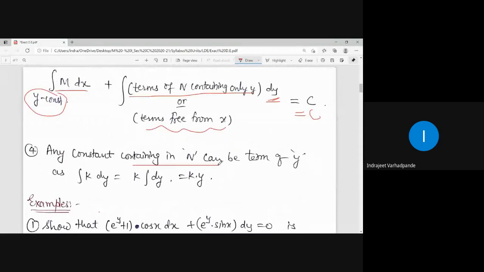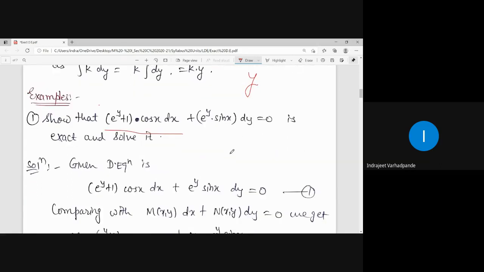Any constant contained in N should also be taken as a function of y, because any constant can be expressed as a function of a variable. If it is expressed as a function of x, it will be integrated with respect to x. If it is expressed as a function of y, it is also integrable with respect to y.